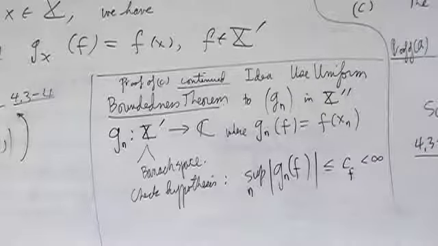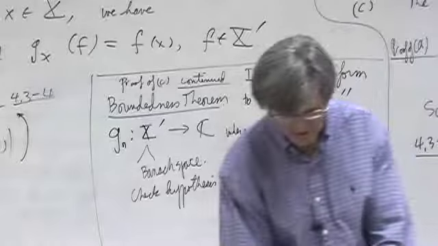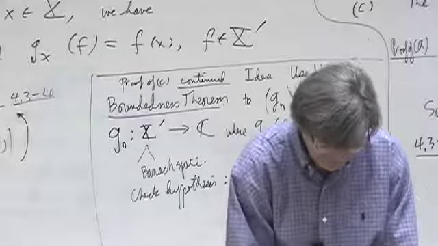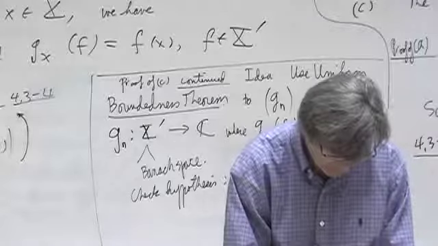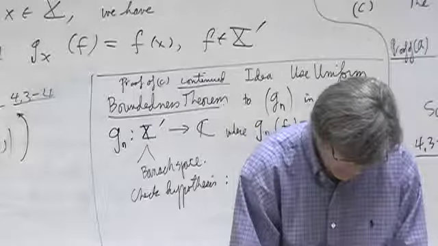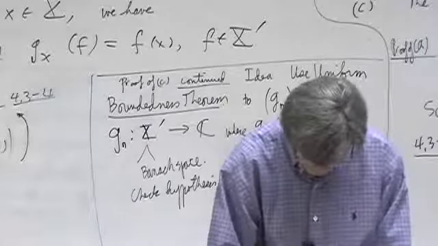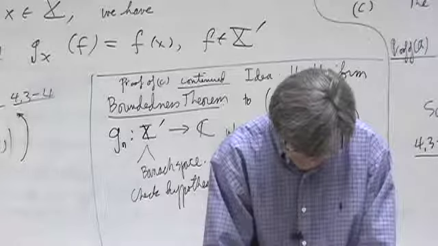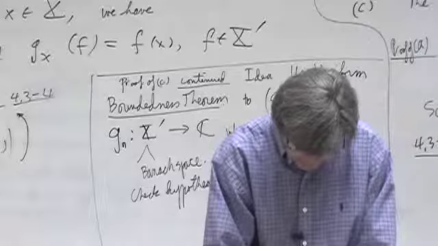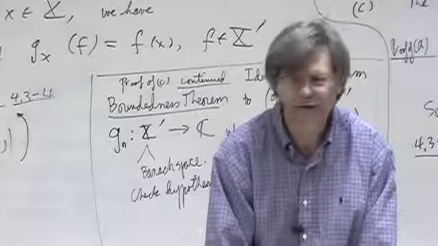Maybe you should look up the uniform boundedness theorem, 473, which is what we did last time, so that you'll understand what I'm talking about. Basically, it said, suppose I have a sequence of bounded linear operators, and suppose that if I take the supremum of the norms of T sub n of x, that's finite.